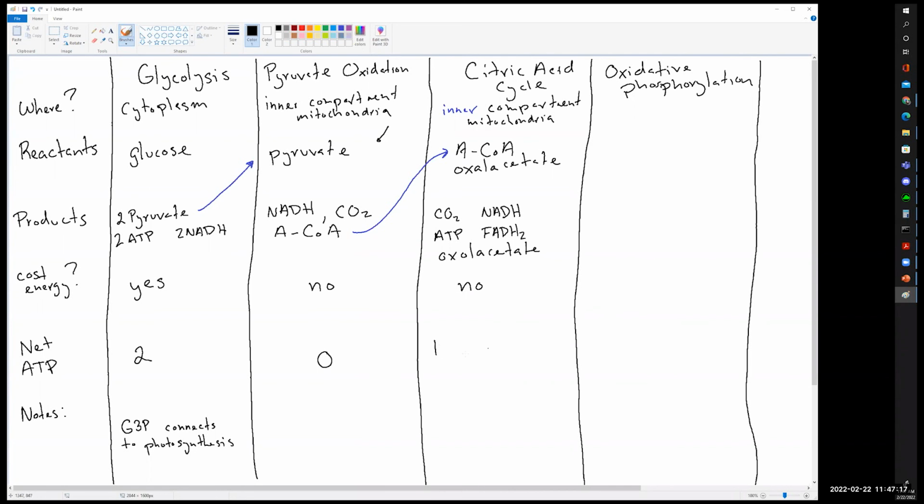So it's 1 per pyruvate that was used. So 1 per acetyl coenzyme A, 2 total. So we make lots of stuff this time, and we make a little bit of ATP.